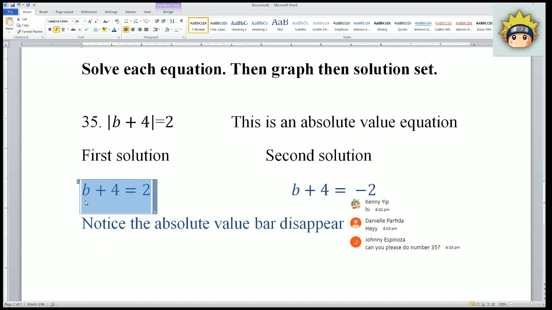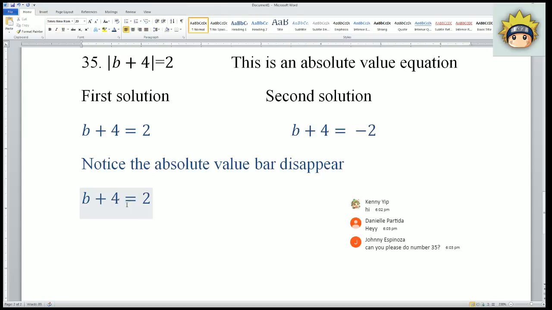Now we can work through the math here. To get B alone, you would just subtract 4 from both sides. After you subtract 4 from both sides, you should be left with B on the left-hand side, and on the right-hand side 2 minus 4 is -2, and that is your first solution. For the second solution, same idea: subtract 4 from both sides, and you should end up with B equals... oh no, -6 here.